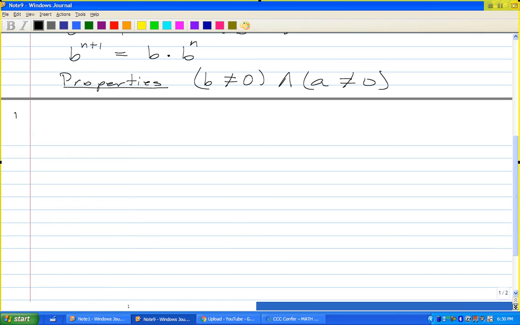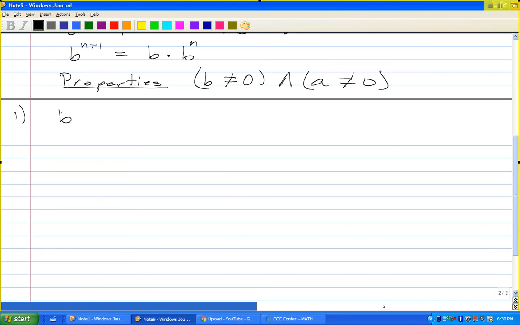Then b to the power m times b to the power n is equal to the base b to the power m plus n. So if you have the same base and you multiply, then you just add exponents. Next, b to the m to the power n. So if you have a base to an exponent raised to an exponent, then you just multiply exponents and keep the same base.